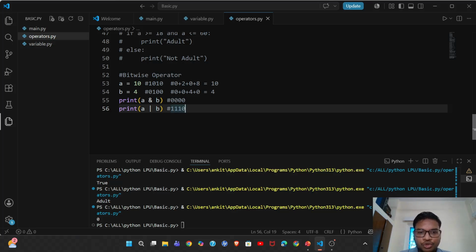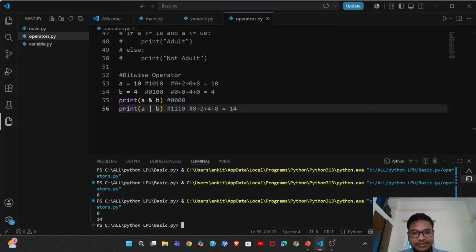What is the output? Just add: 2 to the power 0 is 0, plus 2 to the power 1 is 2, plus 2 to the power 2 is 4, plus 2 to the power 3 is 8. So 8, 12, and 2 makes 14. That is 14. Correct? This is the output.